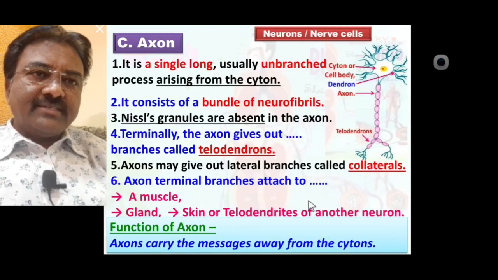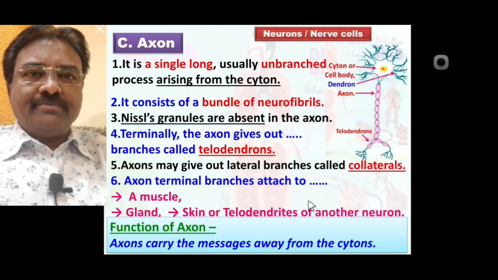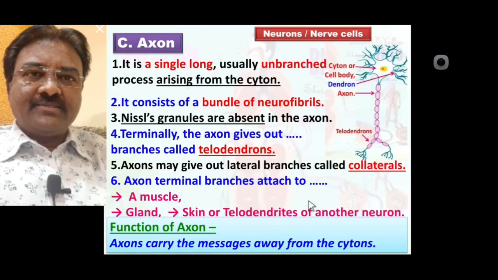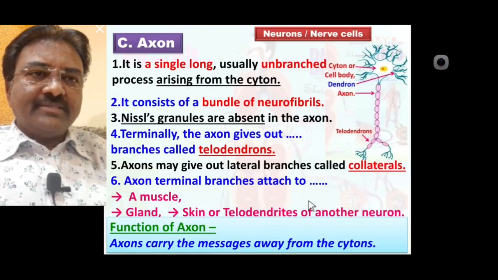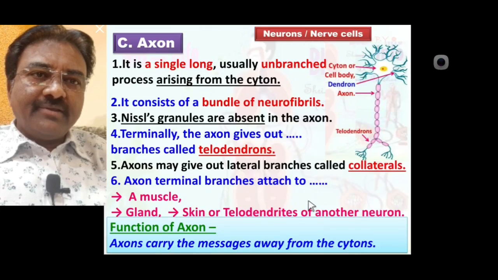we discussed neuron in detail. Nerve cell consists of three parts. Number one, cyton or cell body. Second, dendron. And third, axon. Hope that you understood everything.